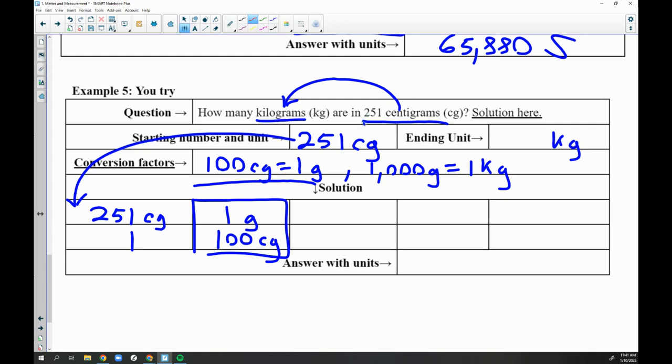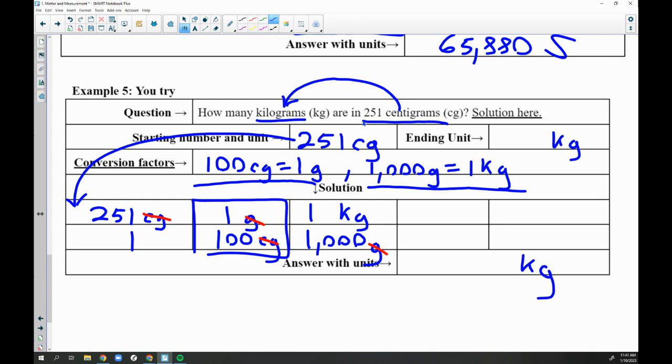Of course, that enables me to cancel centigrams. Then I'm going to use this other conversion factor to convert from grams to kilograms. What goes on the bottom? Grams. Nice. That enables me to cancel out grams and leaves me with units of kilograms.